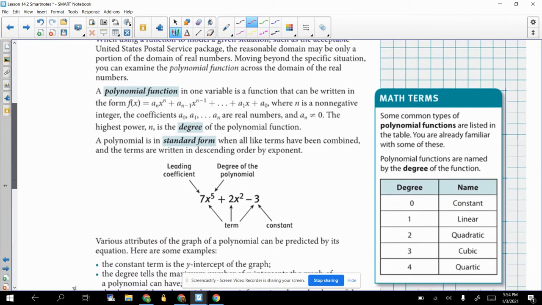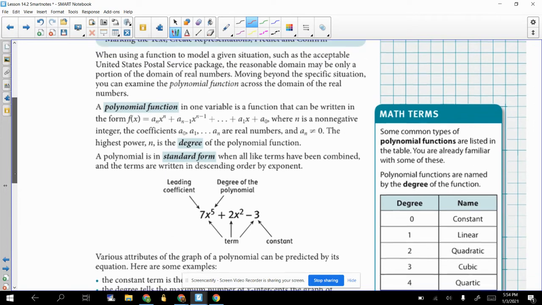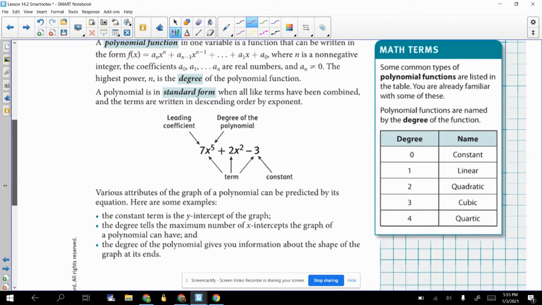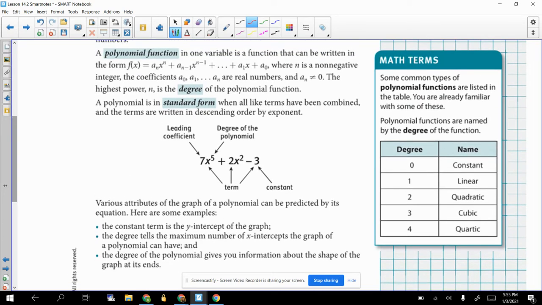All right, so I'm going to skip over some of this information here, but basically what you need to know here is some of these terms about a polynomial function, okay? And we've already talked about the fact that a polynomial is in standard form when all like terms have been combined and the terms are written in descending order by exponent.